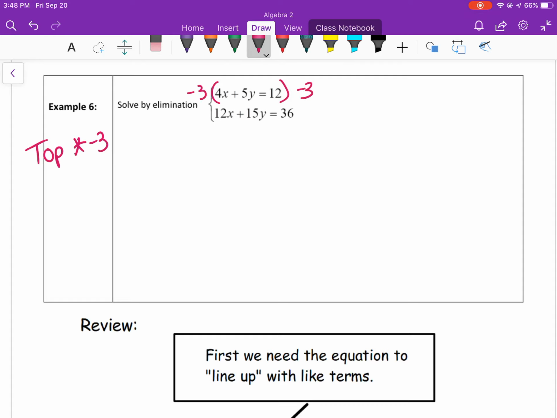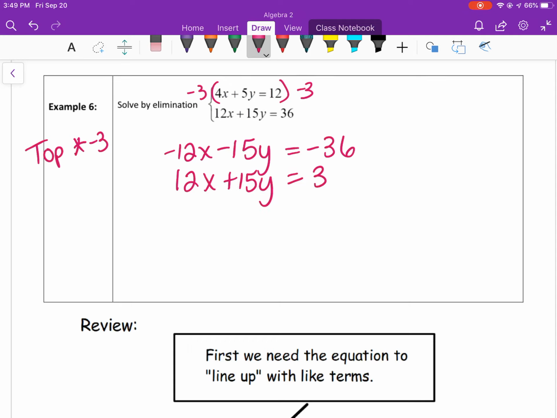On the top I get negative 12x minus 15y equals negative 36. The bottom one stays the same. This time you'll see that negative 12x plus 12x is 0, and negative 15y plus 15y is 0. So you get 0 on the left, and negative 36 plus 36 is 0. So I get 0 equals 0.